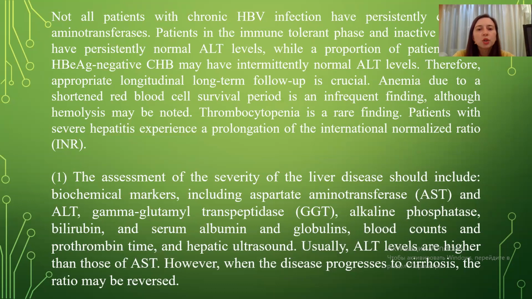Not all patients with chronic HBV infection have persistent elevated aminotransferases. Patients in the immune tolerance phase and inactive carrier have persistently normal ALT level, while a proportion of patients with fluctuating levels may occur, so appropriate longitudinal long-term follow-up is crucial.